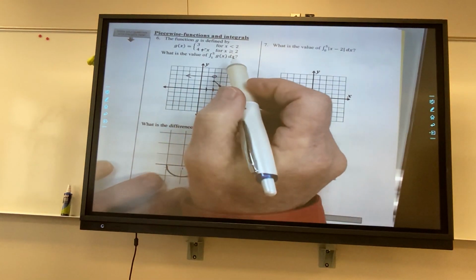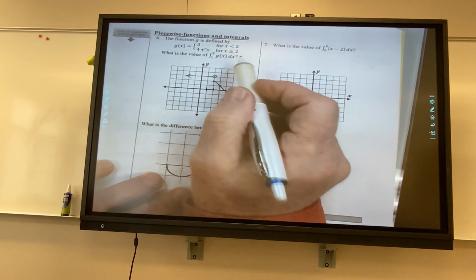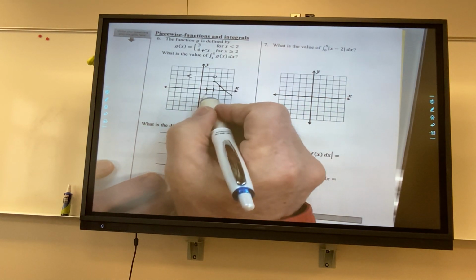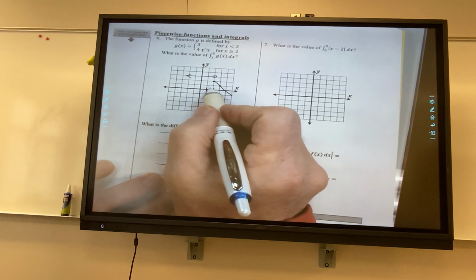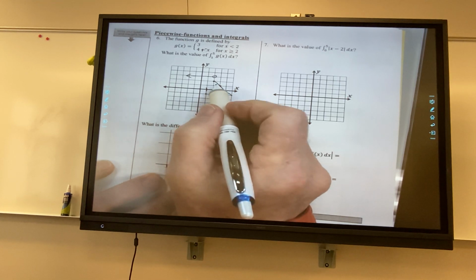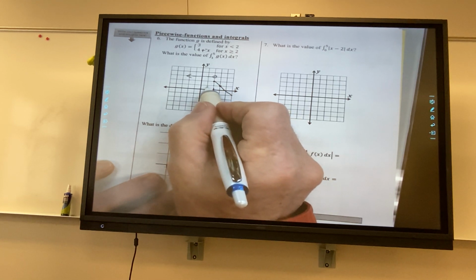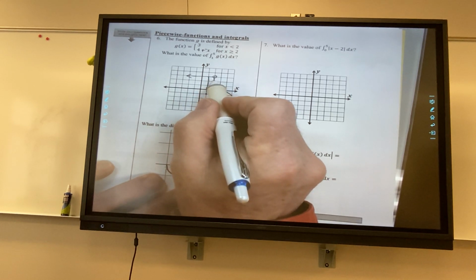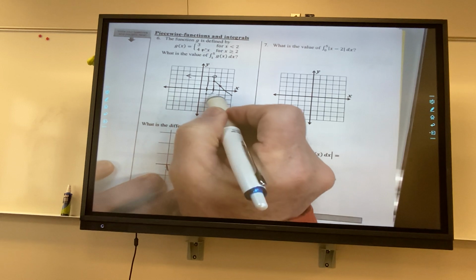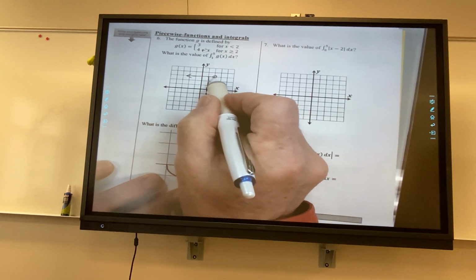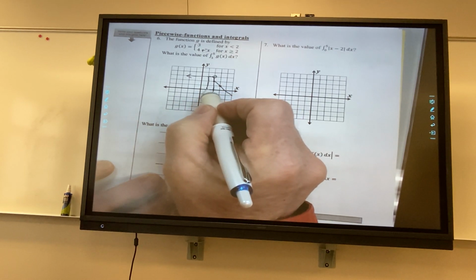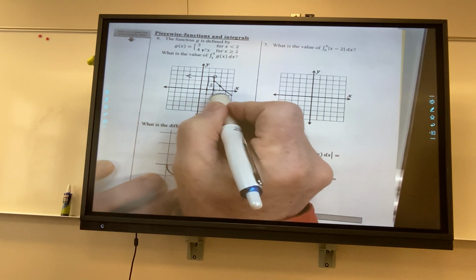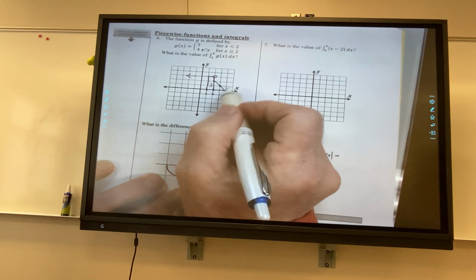Now it says it wants to know the area from 1 to 5. Here's 1, correct? Yeah. So what I'm going to do is I'm going to come over here, and that's going to be from 1 to 2, that rectangle. How much is that? 3. And then I've got this little triangle here, correct?